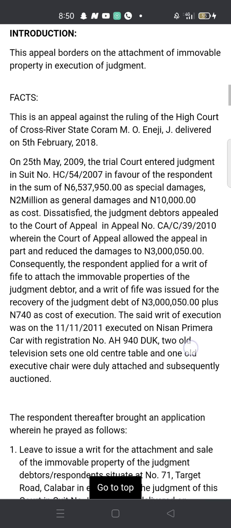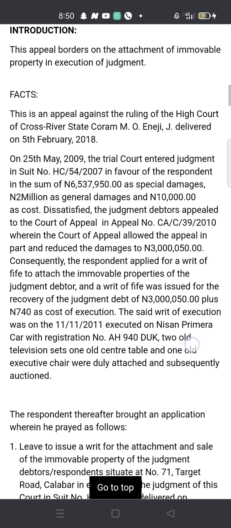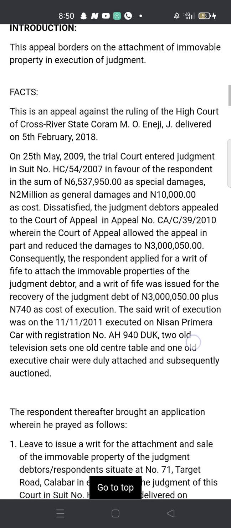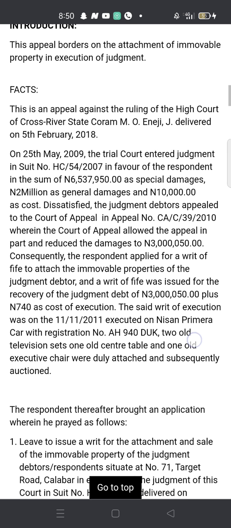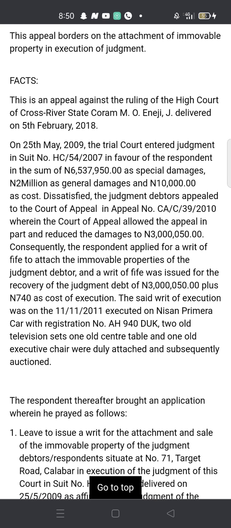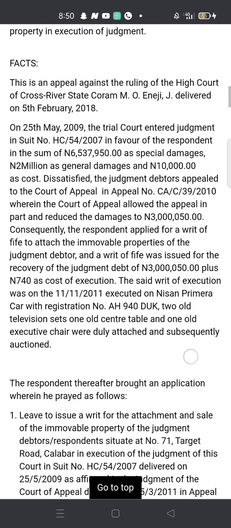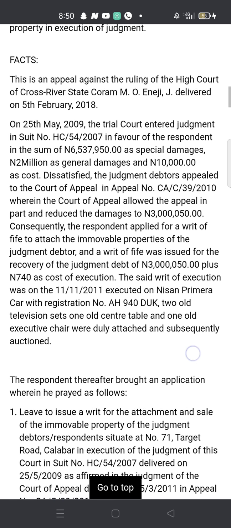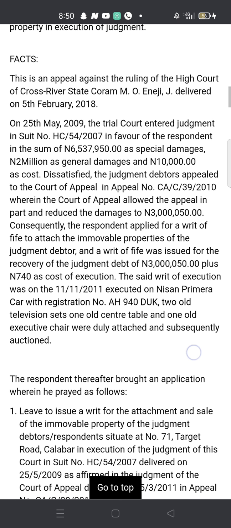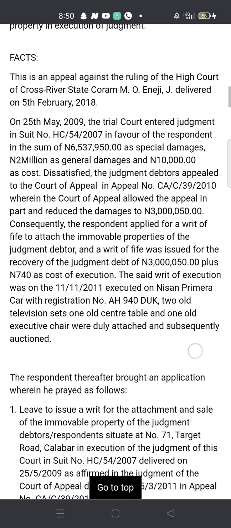Dissatisfied with the judgment, the judgment debtors appealed to the Court of Appeal in appeal number CAC 39/2010, wherein the Court of Appeal allowed the appeal in part and reduced the damages to 3,050,000 naira.